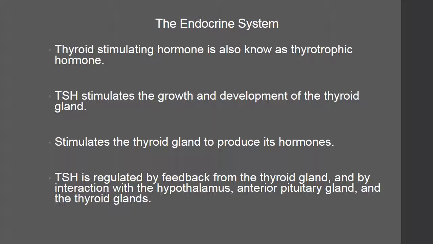It stimulates the thyroid gland to produce its hormones, and TSH is regulated by feedback from the thyroid gland and by interaction with the hypothalamus, anterior pituitary gland, and the thyroid gland itself. So thyroxine, T3 and T4, is going to be extremely important in the body, and because of that, there is a very elaborate system to control its production, its release, and the amounts that are released. Being either hyperthyroid or hypothyroid is a bad thing. If you've ever seen some of these little hyper or hypothyroid cats in your practice, they are not a pretty sight.